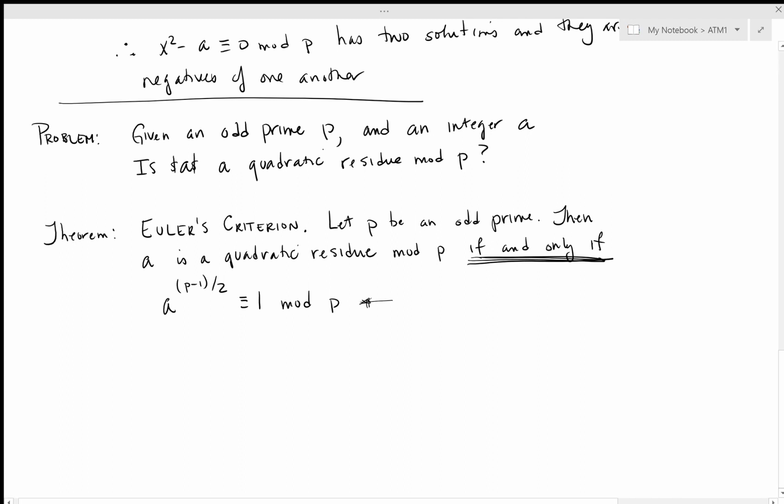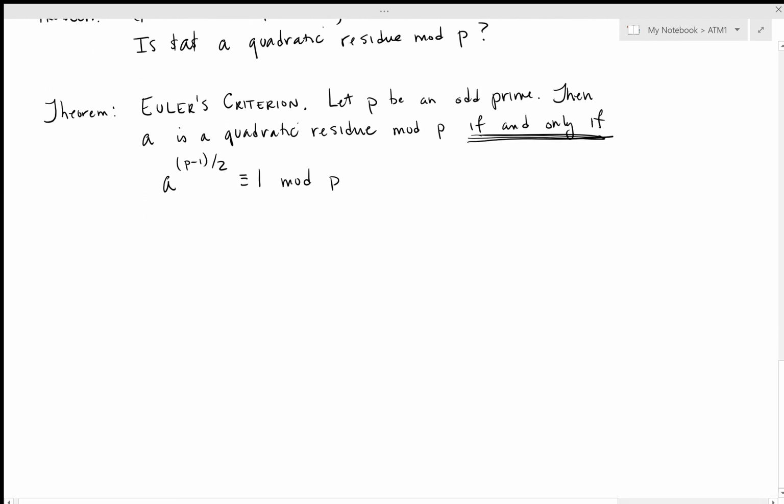And then you go the opposite way: you suppose that this holds, and then you show that A is a quadratic residue. So when you see the if and only if type of proof, you must prove it in both directions. It's a necessary and sufficient condition. So we're going to do that here. We're going to prove this theorem, Euler's criterion. Okay, here is the proof.